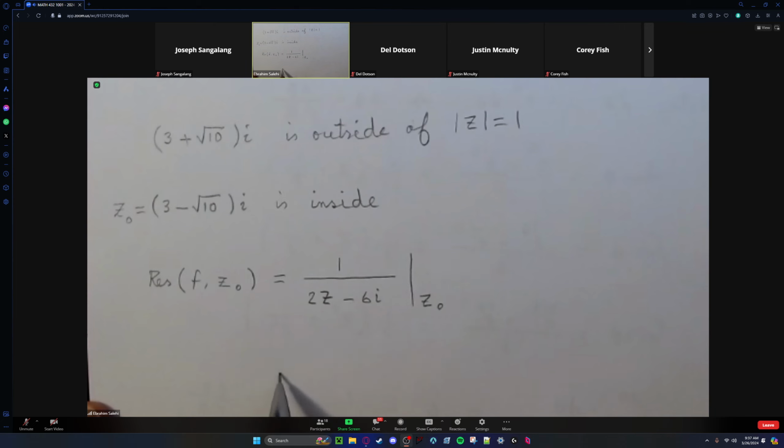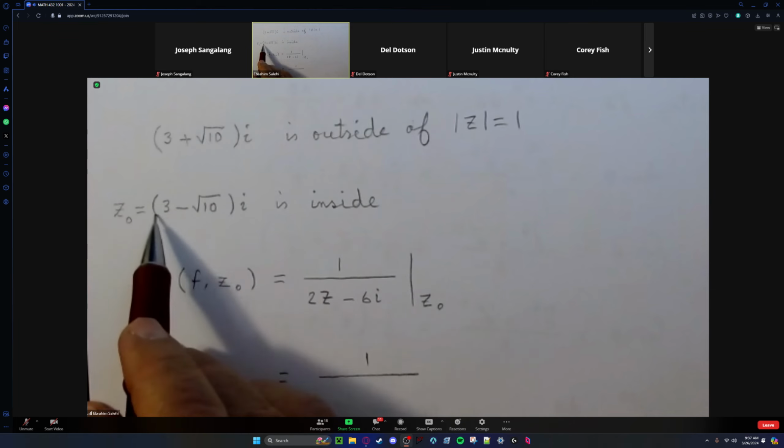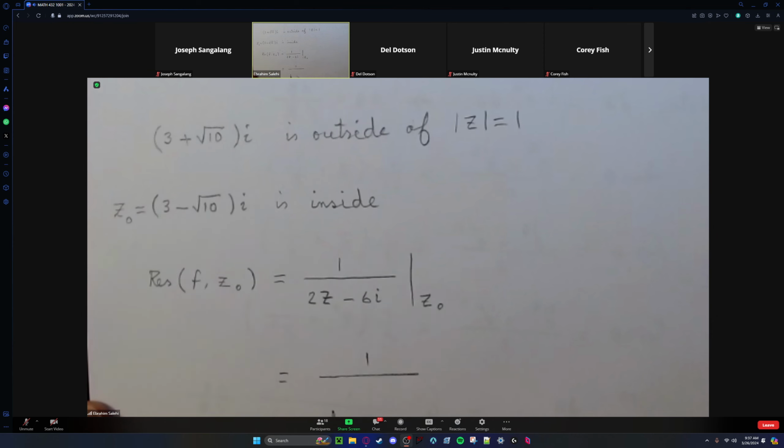This is going to be 1 over twice this, which is 6i minus 2 square root of 10i, and then we have negative 6i.